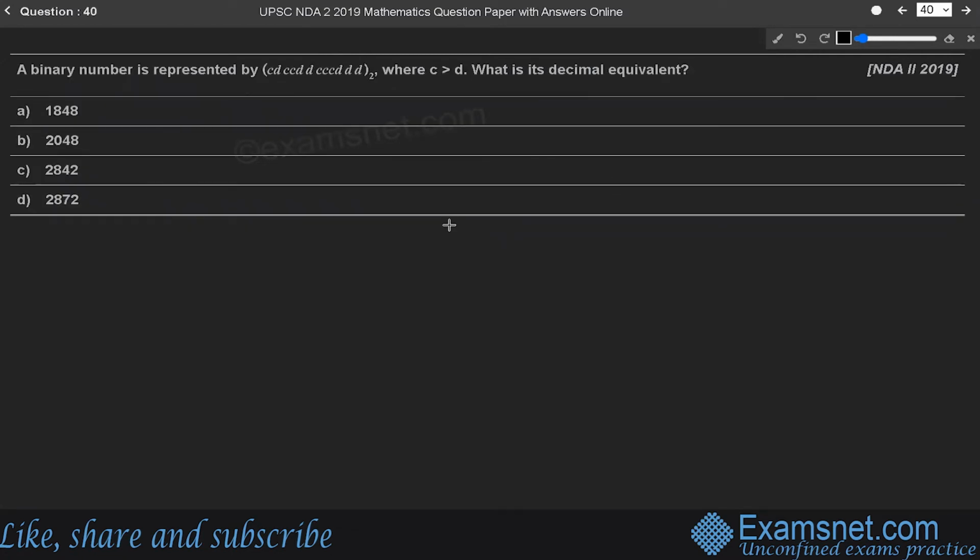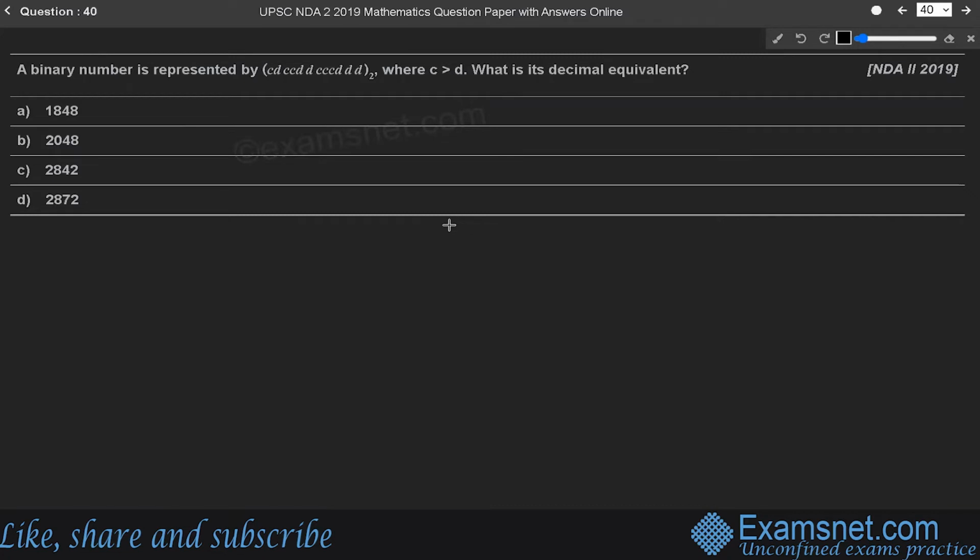Next question is, a binary number is represented by CD, CC, DD, CCC and DDD base 2, where C is greater than D. What is its decimal equivalent? See, a binary number is given here. We have to find its decimal equivalent.